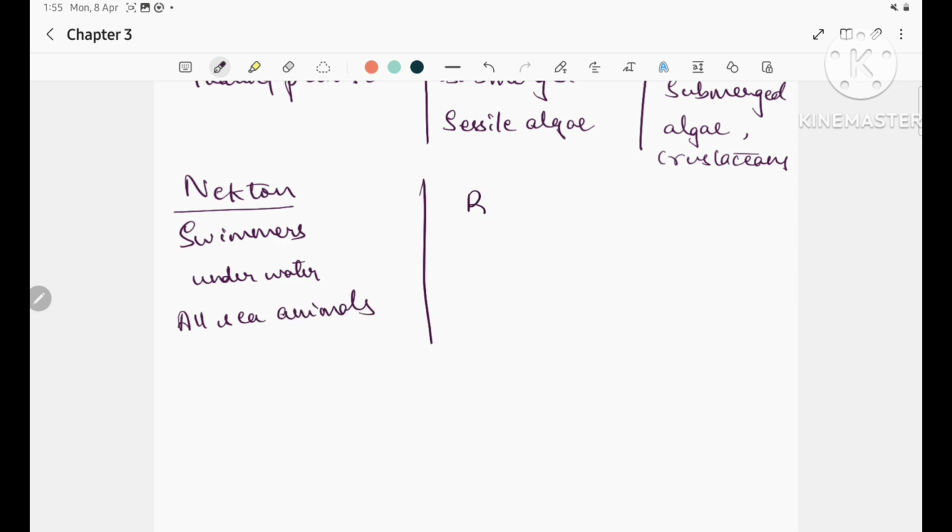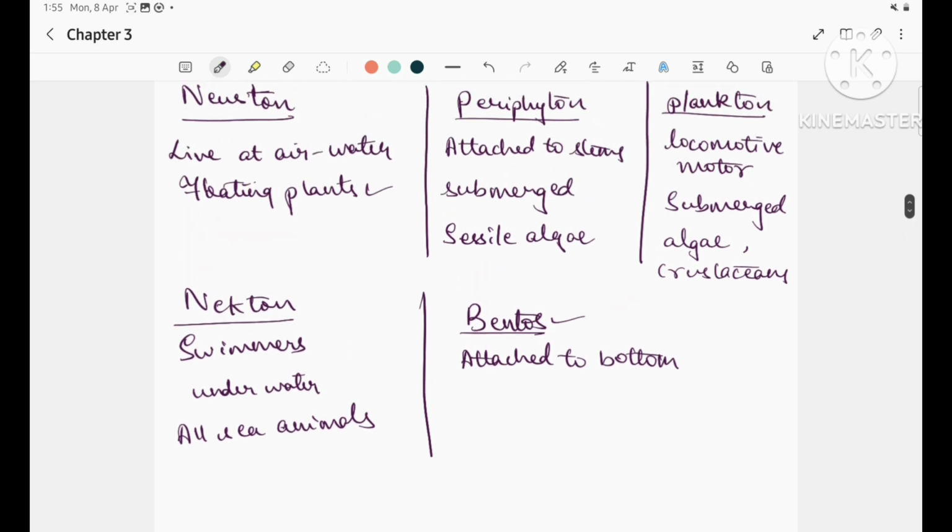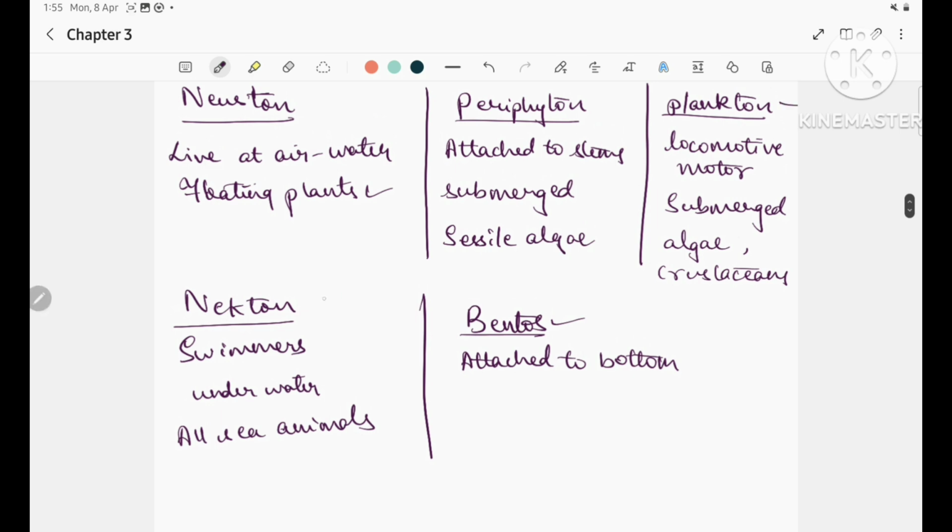The fifth one is benthos, where plants are attached to the bottom and they live at the bottom of the water. In this zone we cannot see many animals or plants because sunlight will not reach. It is difficult for survival. So these are the 5 types of aquatic organisms: neuston, periphyton, plankton, nekton and benthos.